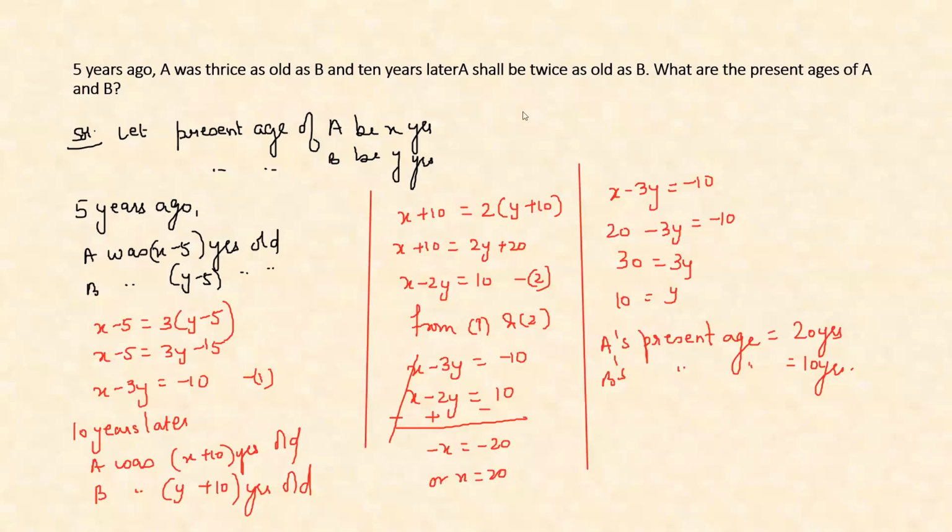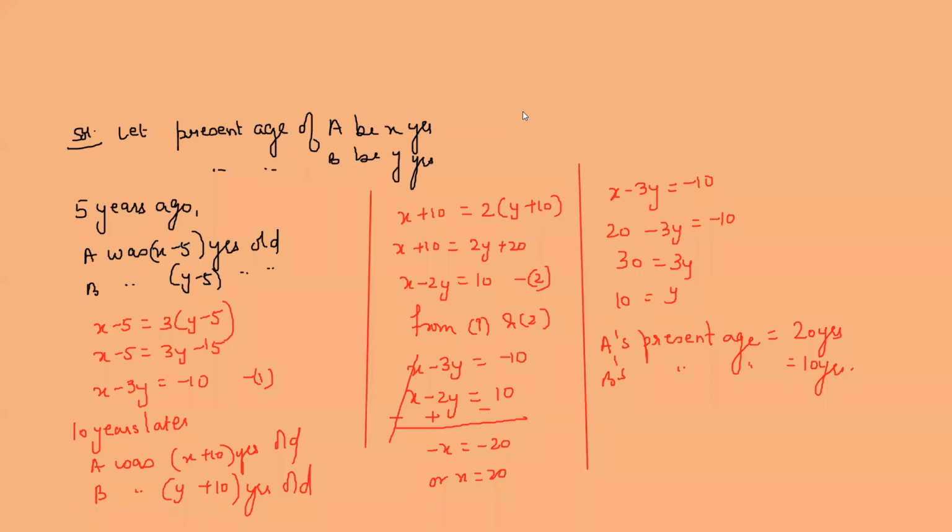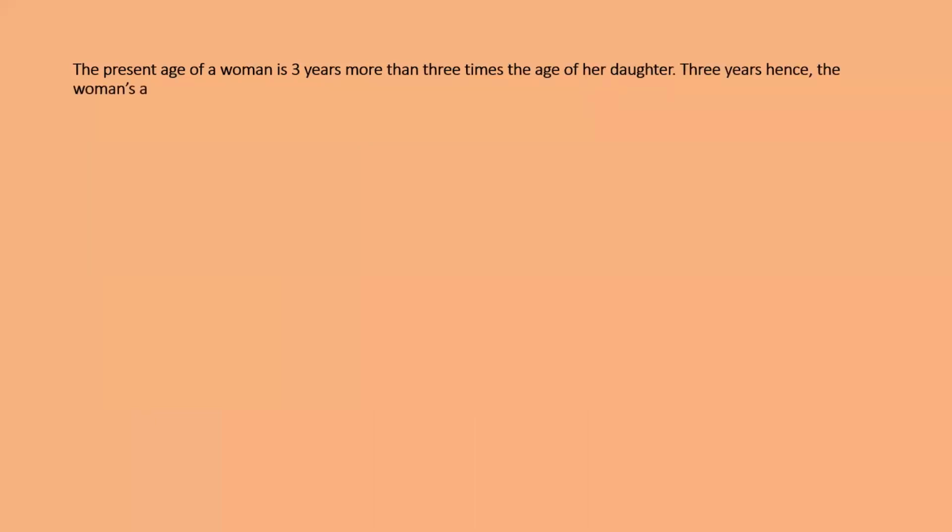So we continue with our next question. The present age of a woman is 3 years more than 3 times the age of her daughter. 3 years hence, the woman's age will be 10 years more than twice the age of her daughter. Find their present ages.